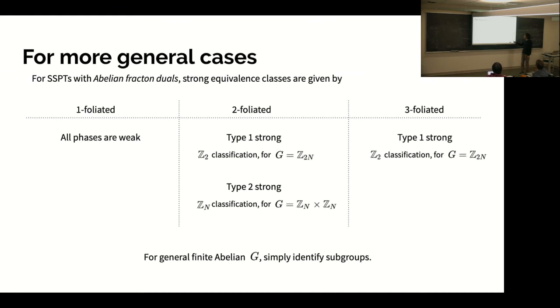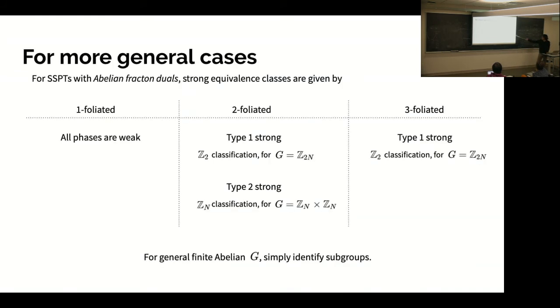But if you go down to 2 foliated cases, again you have this type 1 strong phase, that's a Z2 classification, but then you also have these more complicated type 2 strong phases, which can only exist if G is a Zn cross Zn group, and then a Zn classification. And for 1 foliated cases, all phases are weak.